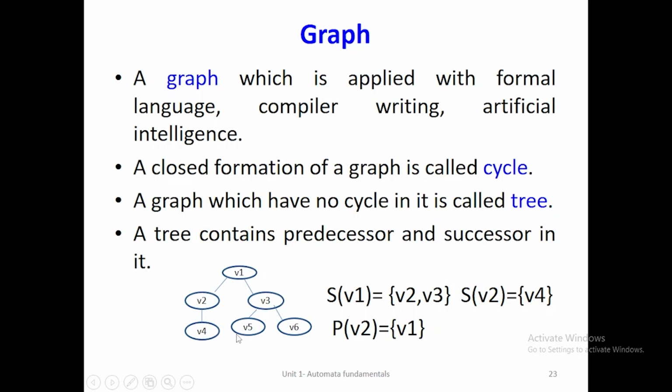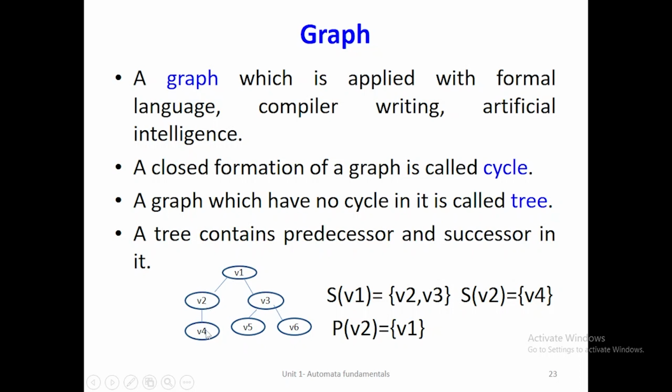In this binary tree, predecessor means the parent of the current node. Successor means the children of that particular node. Here V1, V2, V3 are denoted as nodes. The V2 parent is V1, that means V2 predecessor is V1.